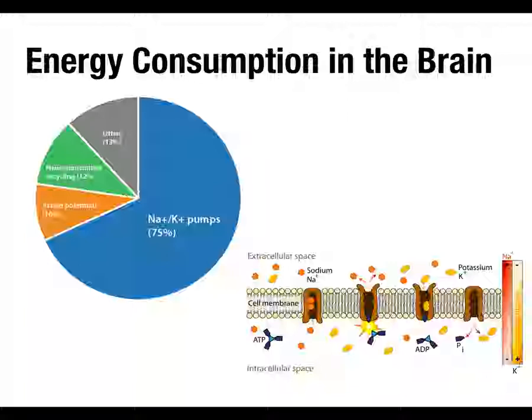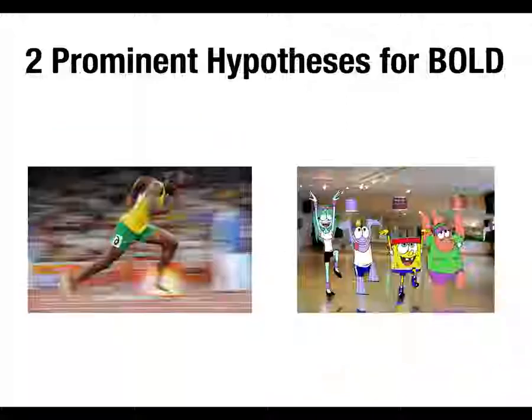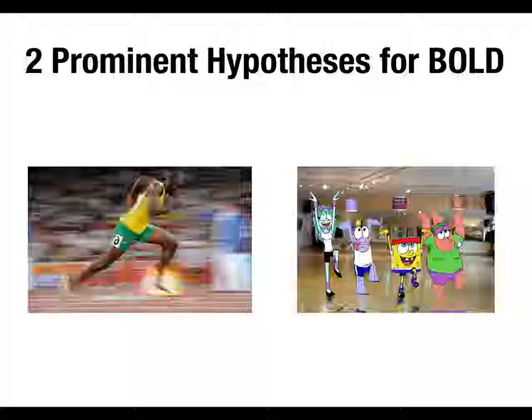So when people started looking at this, this is largely focused on human studies. There have been some animal studies as well. But the question was, in humans, what's this energy being used for? And then above and beyond the resting state, what's happening when particular brain areas are stimulated and increase in activation? There were, broadly speaking, two prominent hypotheses, colorfully illustrated here.